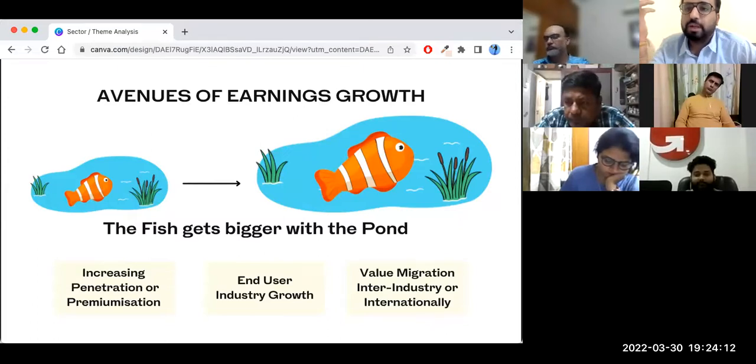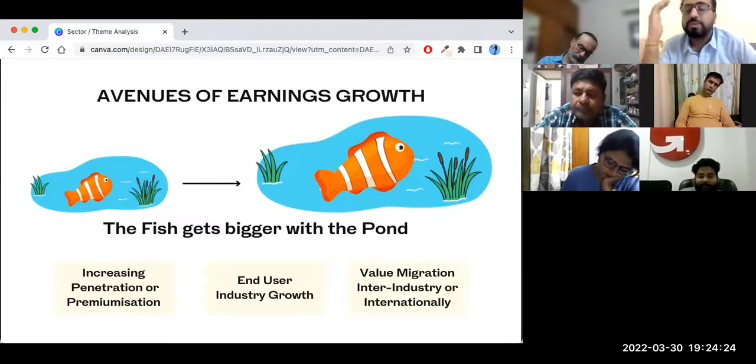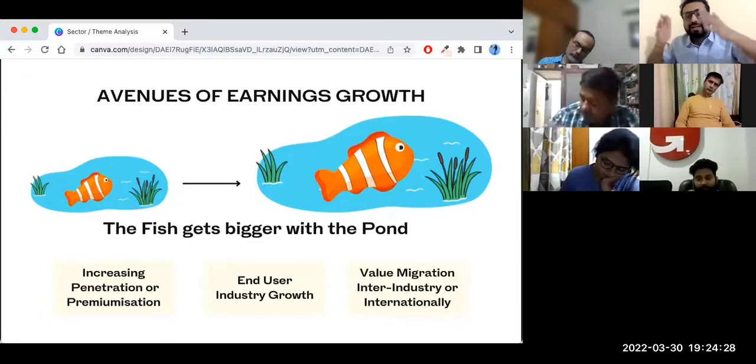You could take an example of air conditioners. Very few, almost like 3 to 4% of Indian households have air conditioners, right? The penetration of air conditioners is increasing in India, which means the air conditioner industry is becoming bigger and bigger. Now, all the companies in the air conditioner sector are getting the benefit of it.